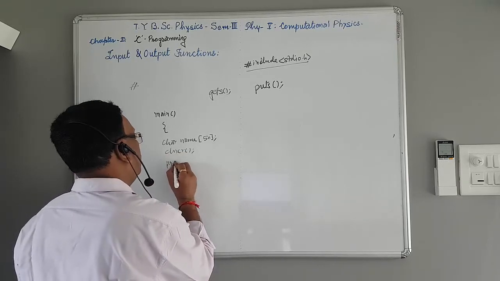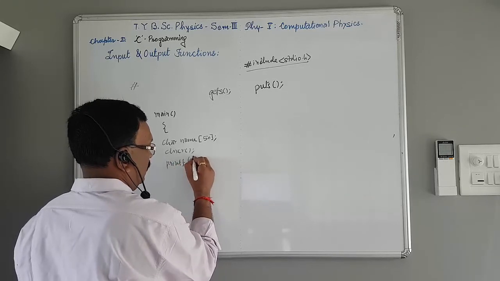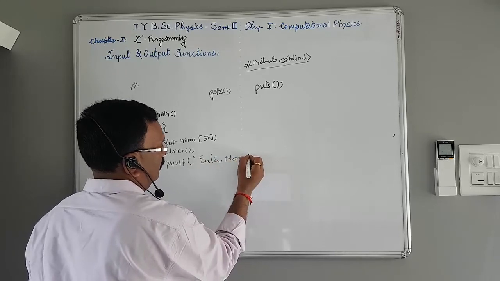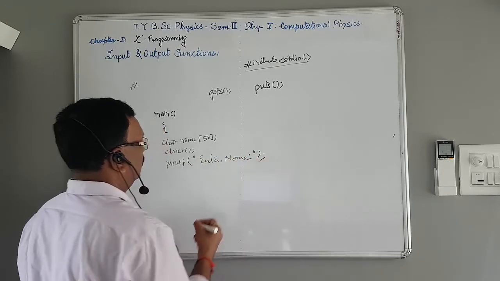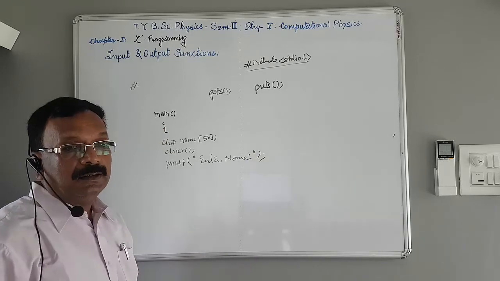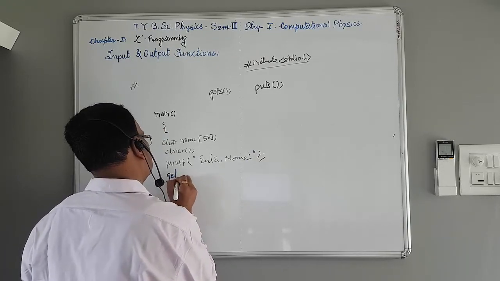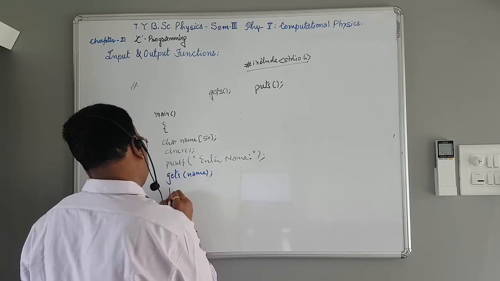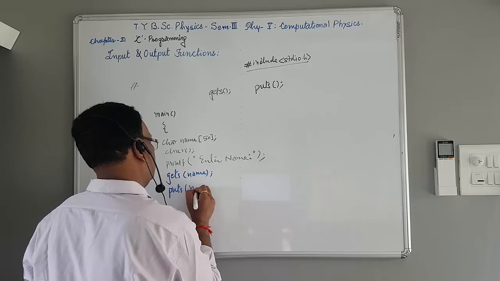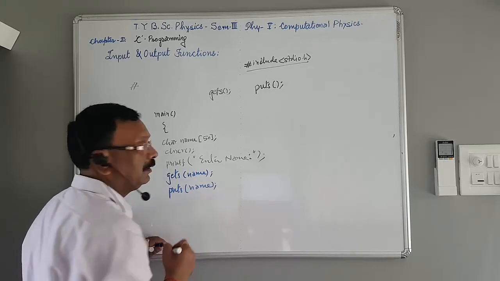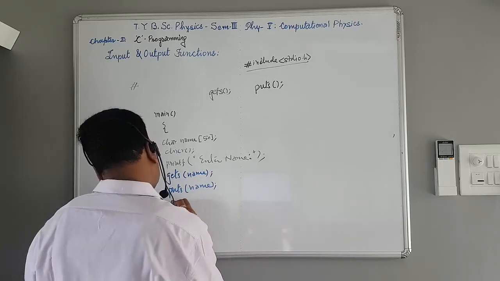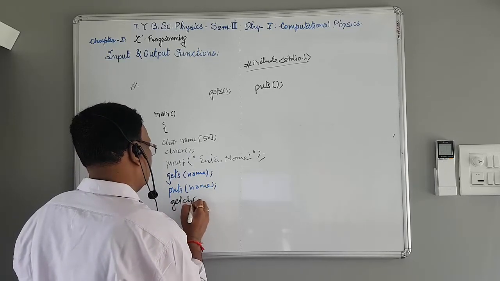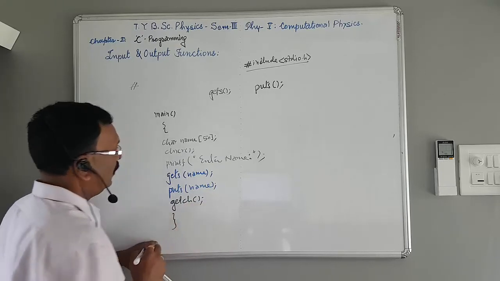We want to printf enter name, then gets name, and puts name. Puts name, getch, program here.